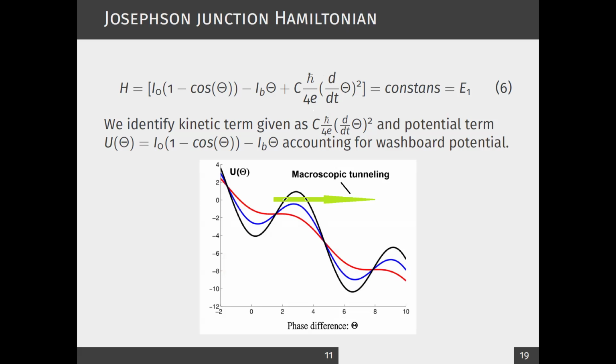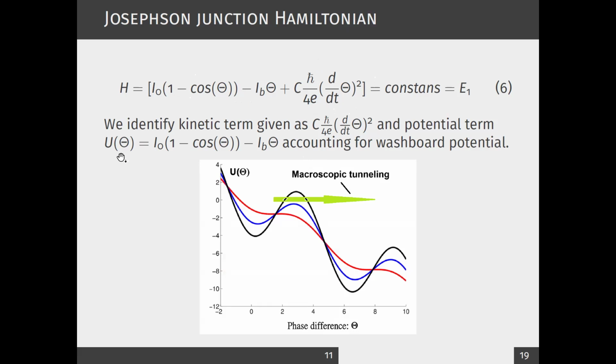So this phase difference across the Josephson junction is like your generalized position. So doing so, we have this d over dt of theta, the derivative of position with respect to time. So this is like velocity squared, right? And then theta is, so there is some nonlinear potential over here. So in total, we can associate a meaning to this term, as follows. This is like kinetic energy plus potential energy.